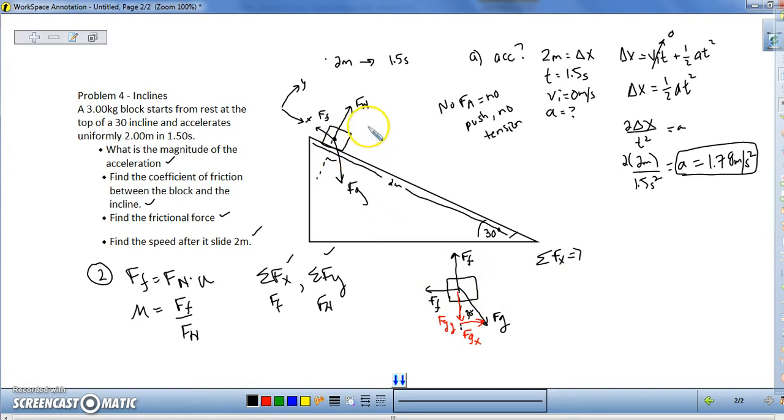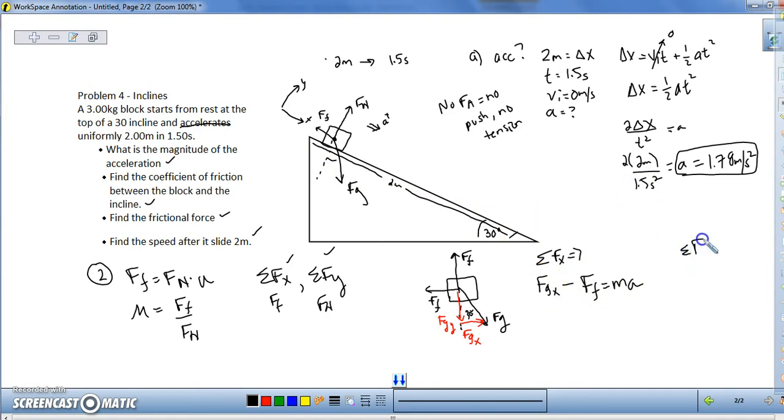I'm going to call going down the incline positive, which makes my friction negative. With that said, I have my FGX right here minus force friction equals ma. This thing is accelerating. There are no keywords like constant motion, so this thing will actually go down the incline.